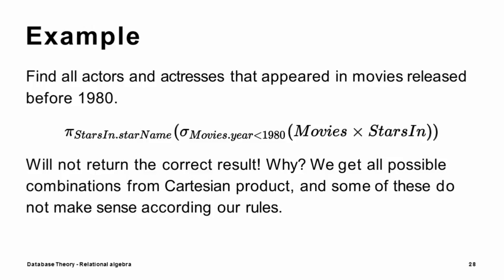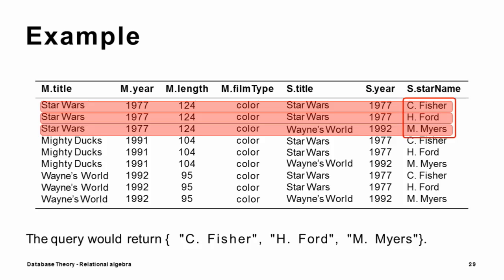So I've already hinted that, okay, this is not going to really work. Well, all of the movies are prior to 1980. That's okay. But we got that Star Wars and Mike Myers has something to do with each other, which is not true. So our query isn't correctly done.